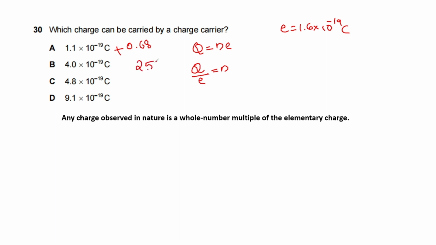That's also a fraction. Option C is 4.8. If you divide it by 1.6, you will get 3, which means that option C is the correct answer. You can check option D also, that is 9.1 divided by 1.6, which will give you 5.68. So out of these options, option C is the only one giving you a whole number. So option C is the answer.